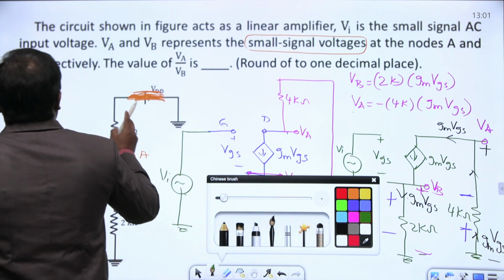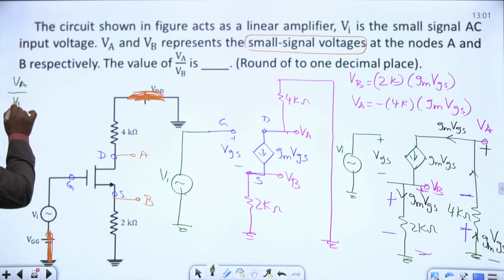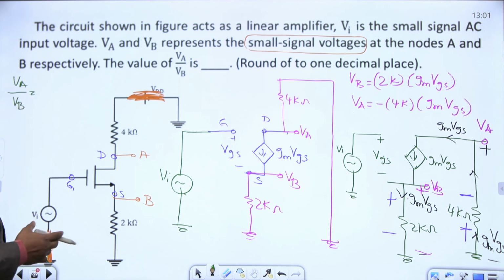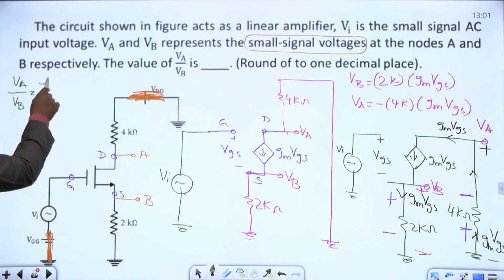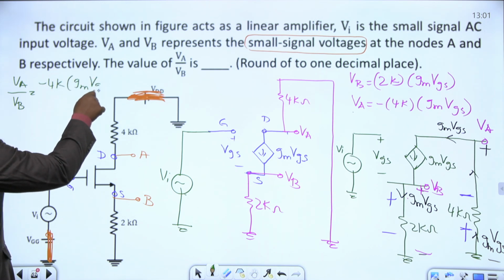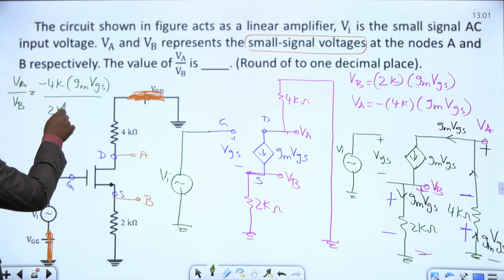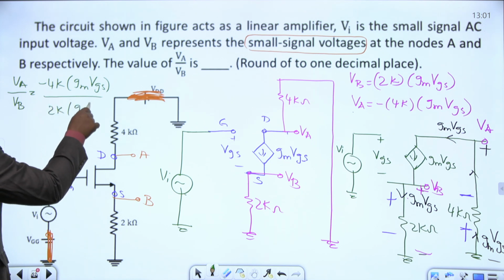Then VA by VB I am writing here. VA we got as minus 4K into gm VGS, and VB is 2K into gm VGS.